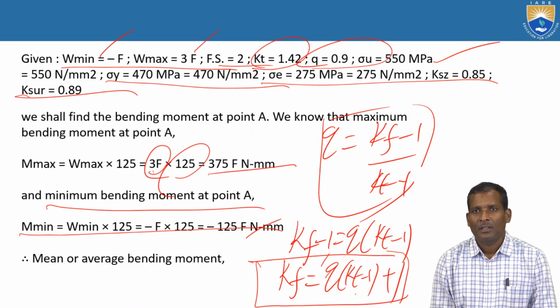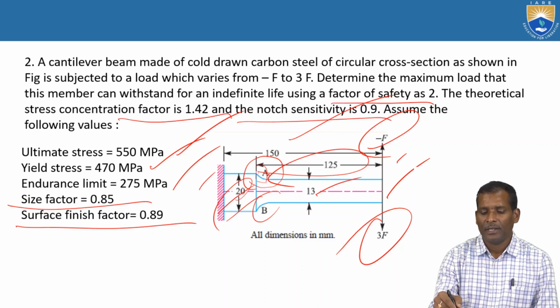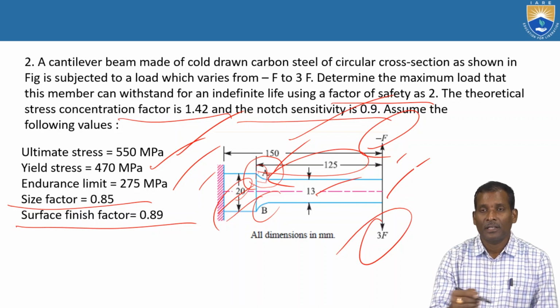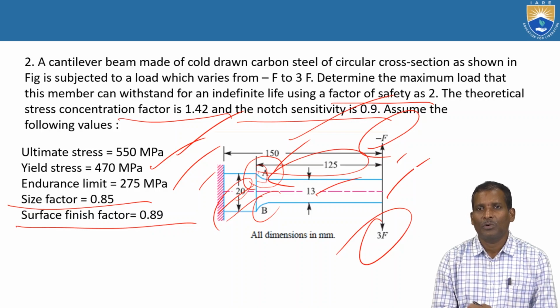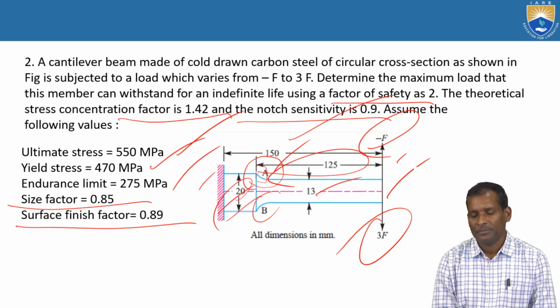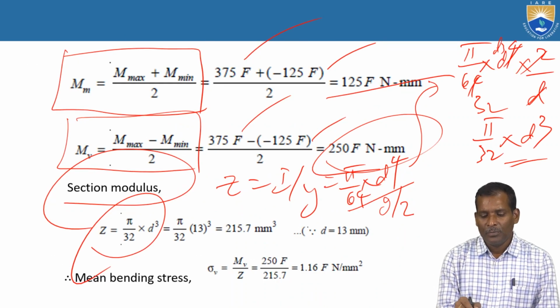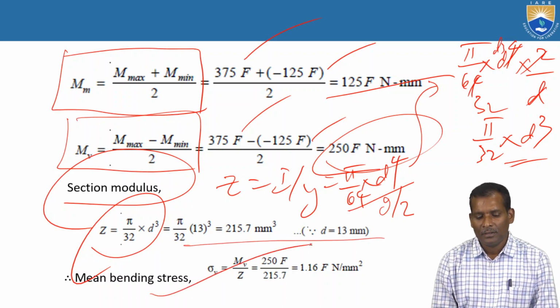So why have we taken this 13? Why not 20? Because we are calculating the bending moment at A, and stresses also we are calculating at point A. Why? Because here more stress concentration will occur due to the irregularity. And then after calculation of Z, calculate bending stress, the mean bending stress.